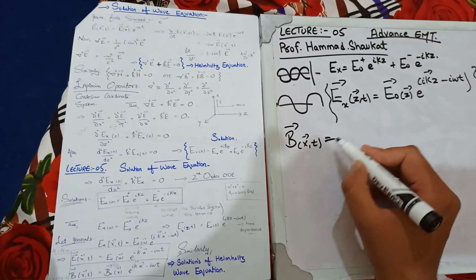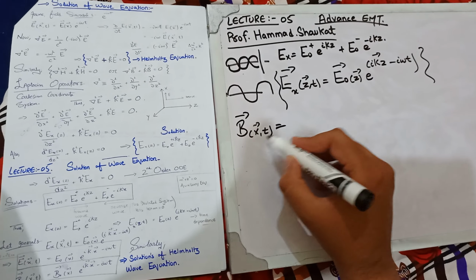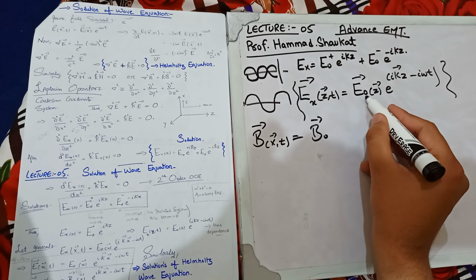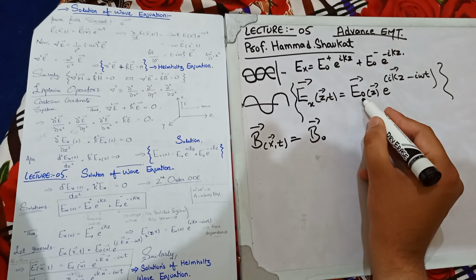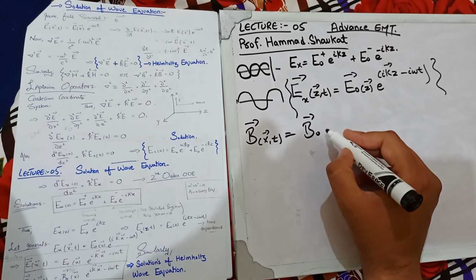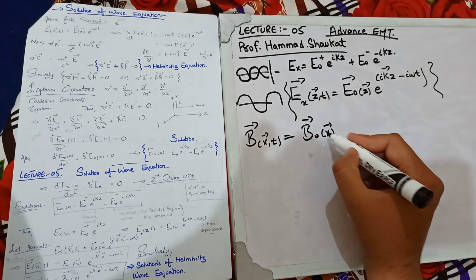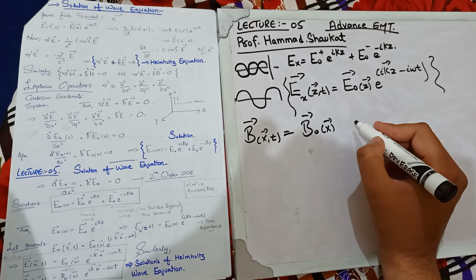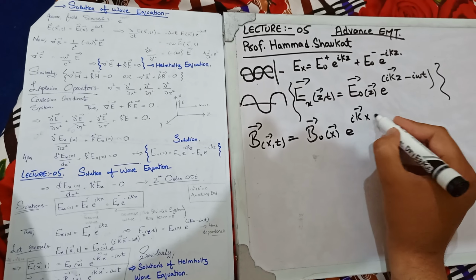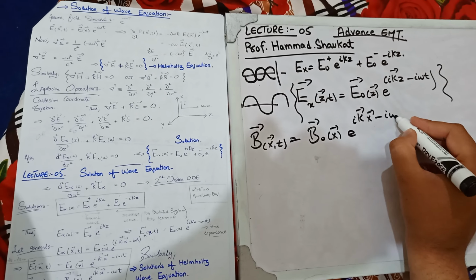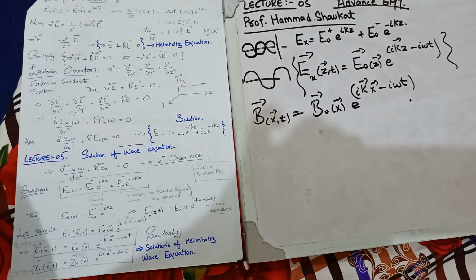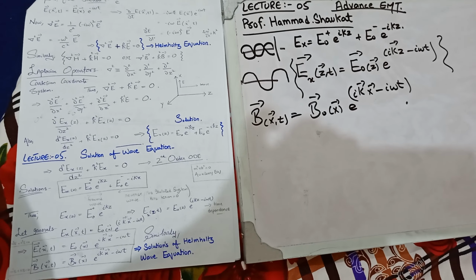So your magnetic field in terms of space and time coordinates must equal B naught, which, like E naught, the electric amplitude constant, is the magnetic wave amplitude constant, times e to the power iota kx, where x means generalized x, y, z, you can write it in every dimension, minus iota omega t. So this is your final expression for the magnetic field in terms of space-time coordinates.